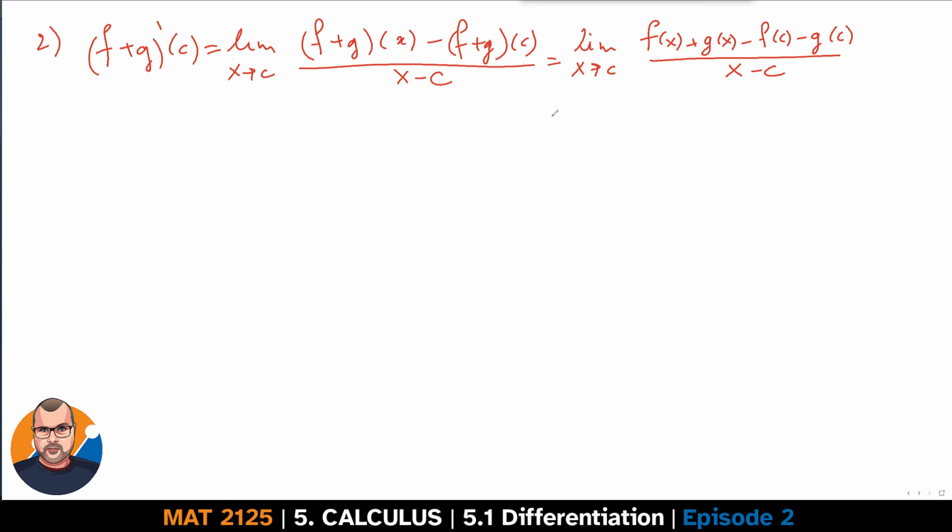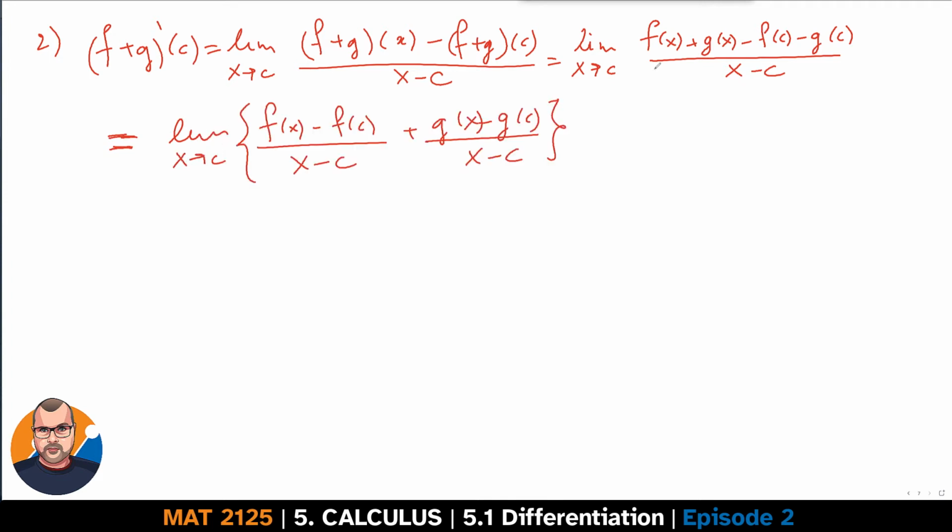So far, so good. Assuming the limit exists, I'm going to rearrange some of the terms. And now, if each of the individual limits exist, this limit here would be the same as the limit when x goes to c of the first differential quotient plus the limit when x goes to c of the second.